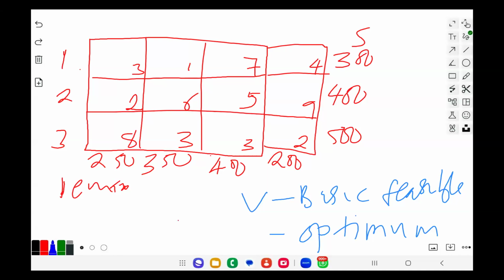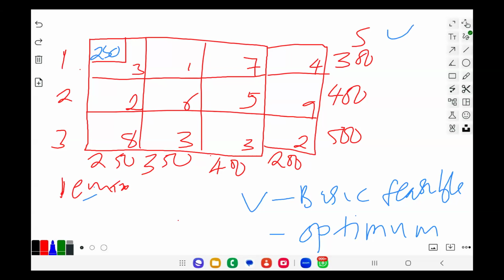So let's use the northwest corner, where we are looking at the costs. We start with the northwest corner cell, and we choose the minimum of either the demand or the supply, which is 250. So we allocate 250.